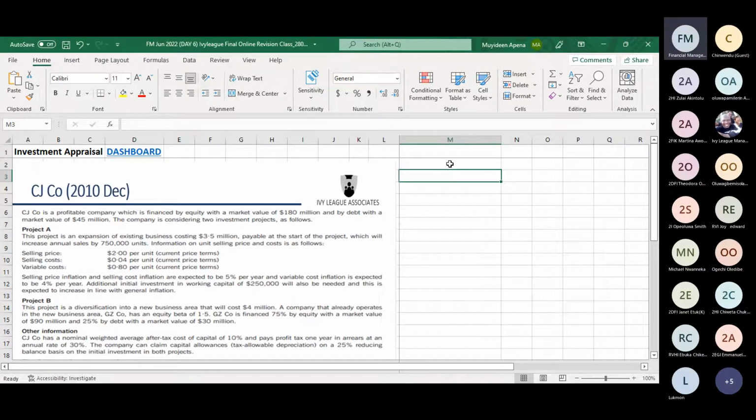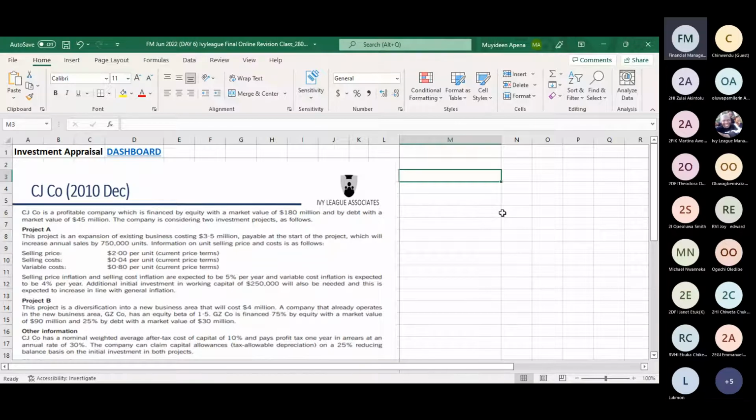So with this information, we can run through the ungearing process, because that's the first thing that needs to be done. For this CJCO to adopt the business risks in the new business area using this proxy company, we need to ungear the equity beta of this GZCO, which is the proxy company. So we are explaining the stages of our calculation.